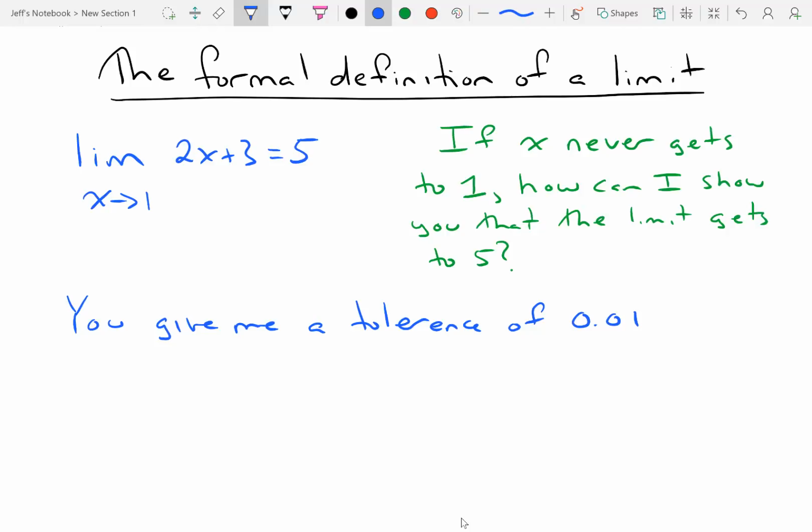And so what you're saying is, all right, if you can show me that this limit gets to within 0.01 of that limit 5, then I'm going to be convinced that this limit is in fact 5.